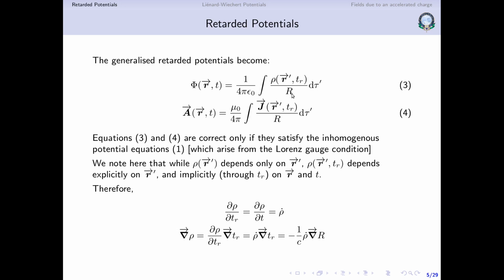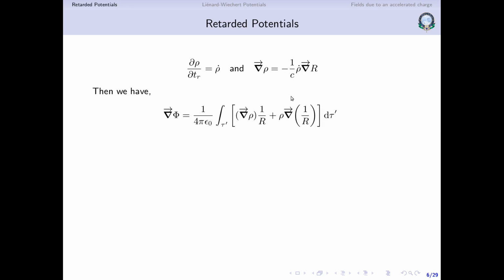Then you leave ρ as it is and apply the gradient on 1/R. The gradient of ρ, we have already shown, is minus 1/c ρ dot gradient R, so you just substitute this here.